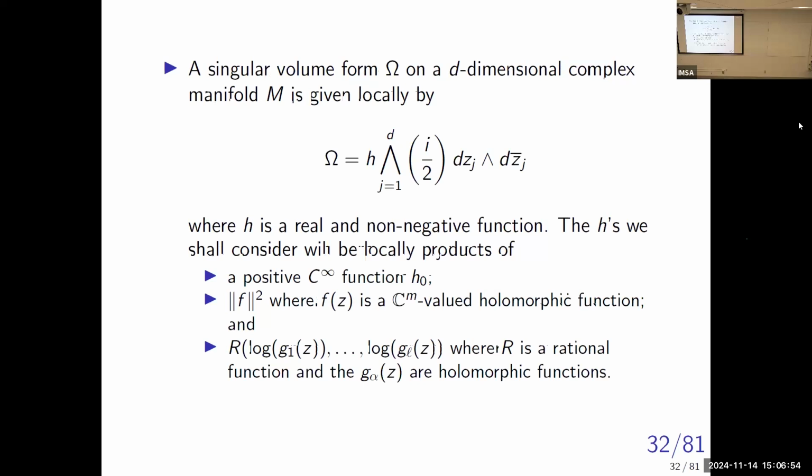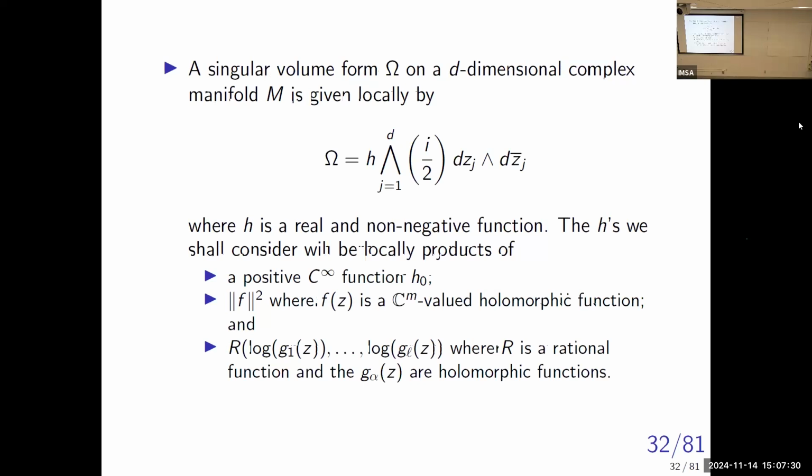Beginning with volume forms, a volume form is locally a multiple of the Euclidean volume form with a non-negative function, it can have zeros and poles. So it can be a product of a positive C infinity function, the norm squared of a holomorphic function, so that's then degenerate on the zeros of f, and then a polynomial in logs of analytic functions.